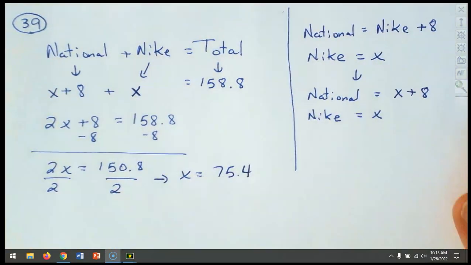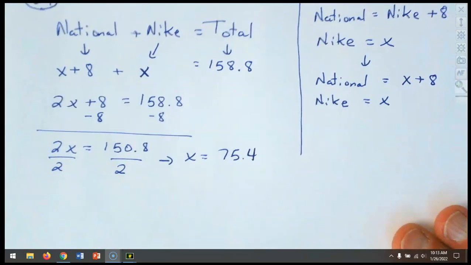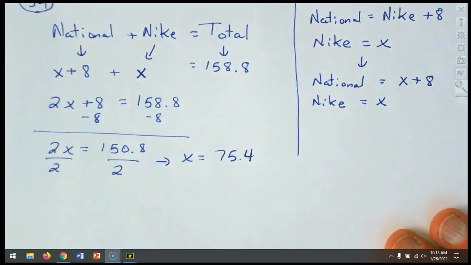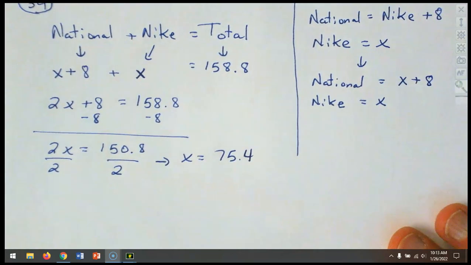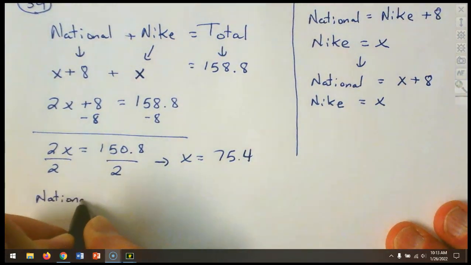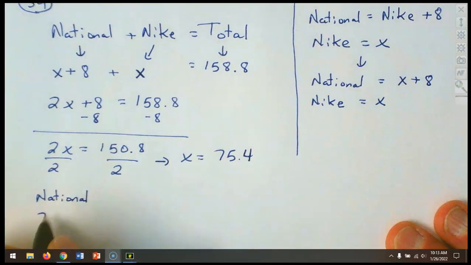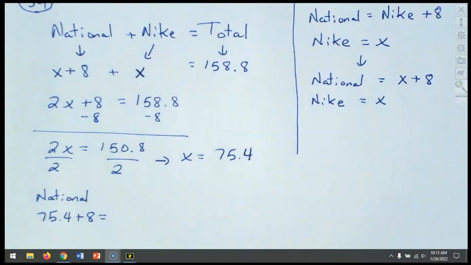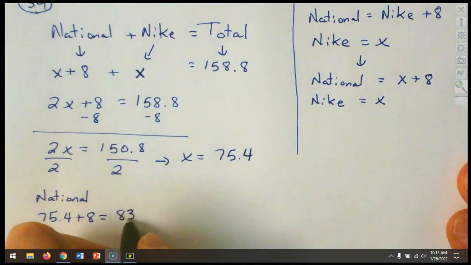We need to make sure we answer the question. So what does that 75.4 go with? Nike. Okay, so let's go ahead and get each one. What about National Geographic? It's going to be 75.4 plus 8, and that gives you 83.4 million.